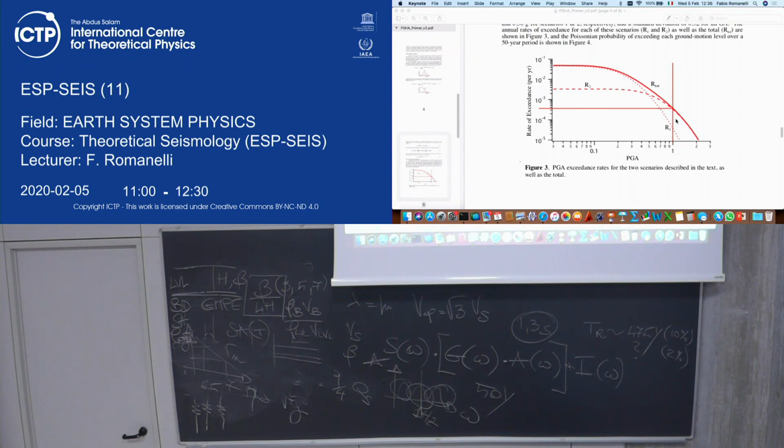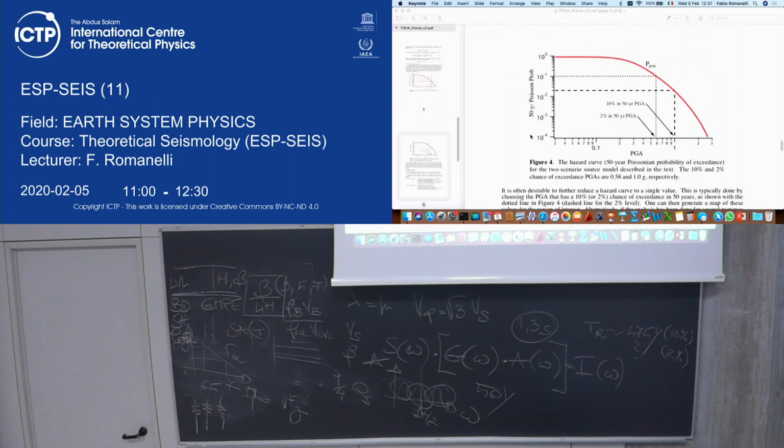You can sum them, and what I like of probabilistic stops here, because this one is actually called a hazard curve. It's giving to you the rate of exceedance of a level of the ground motion per year. The next and final step is to multiply this by 50, and to choose a value of probability to be overcome.